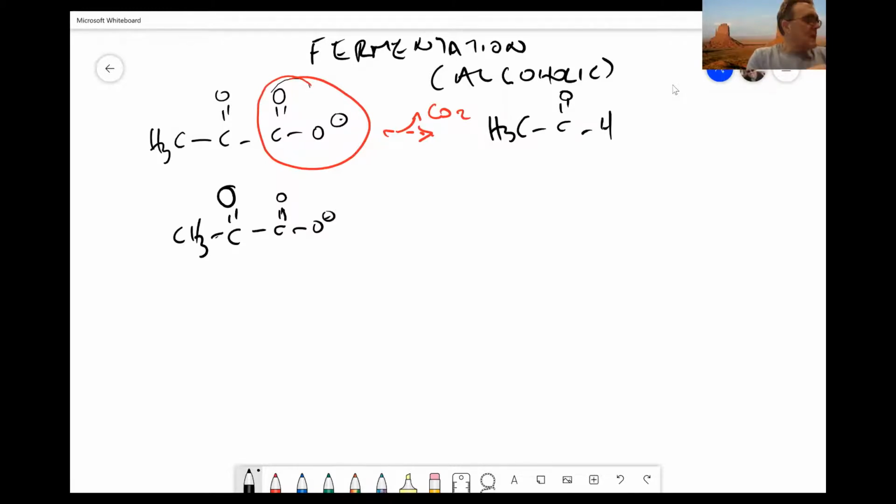And we have a cofactor here, and this cofactor is called TPP. It's an important cofactor, and you'll see the function of it.